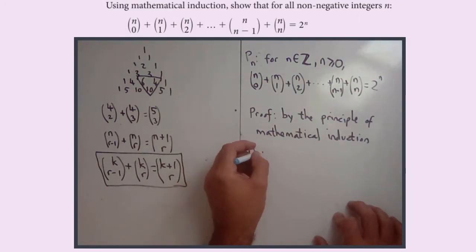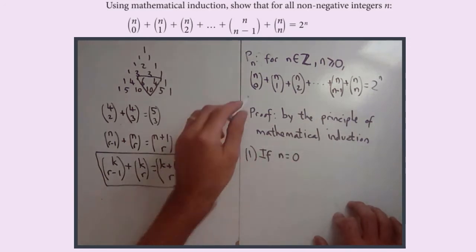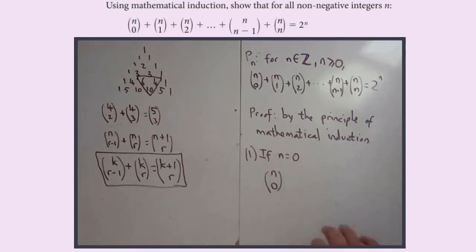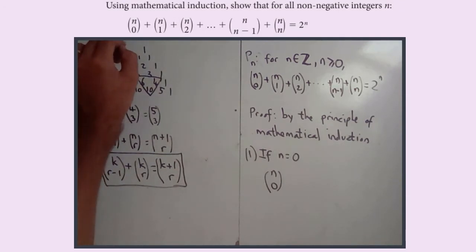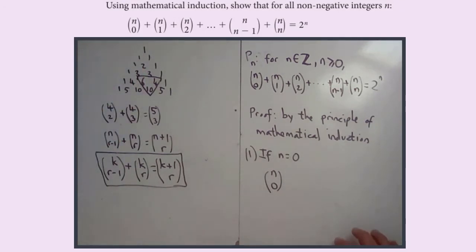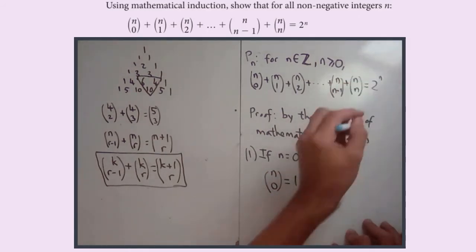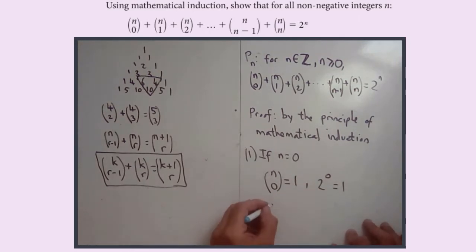So step 1, if n equals 0, we just have 0C0. Now remember, in this triangle, it's always 1 on the left edge there. So 0C0 equals 1, and 2 to the 0 also equals 1. That means that P0 is true.